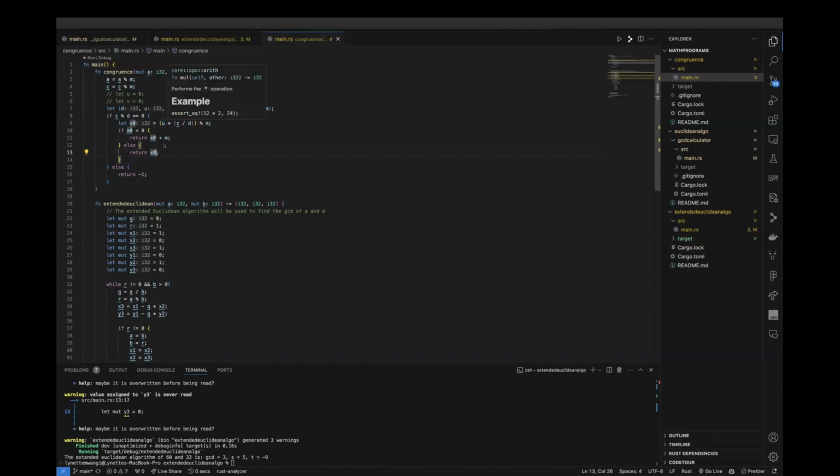It's the X times the quotient of our second number divided by the GCD of A and M, and then we find the modulus of all of that, and that will be our X0.